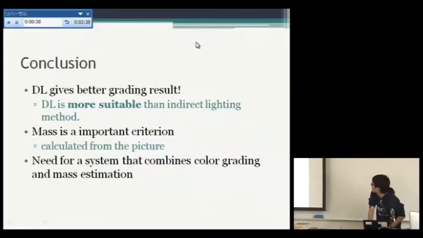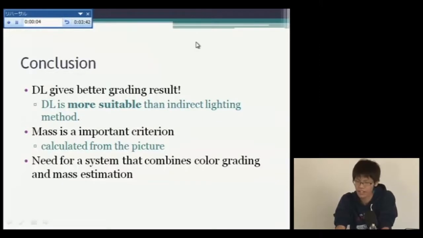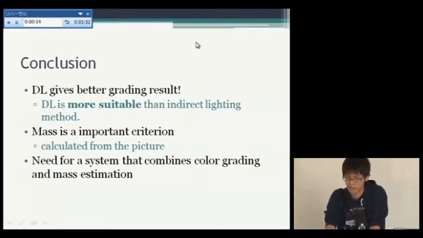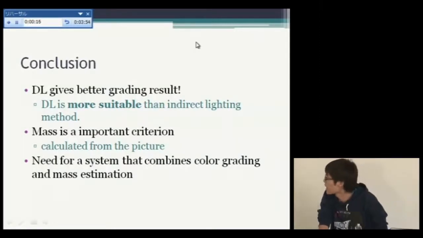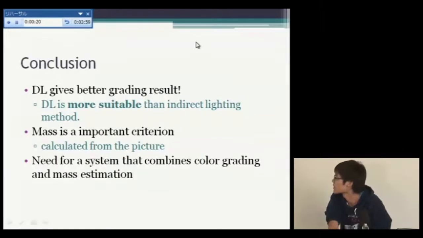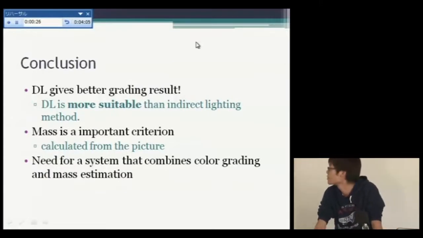Sorry, forget. And this is the conclusion. As you see, the direct lighting system method gives better grading results. So the direct lighting system is more suitable than the indirect lighting method. And for some agricultural products, mass is important, and wax apple is one of them.